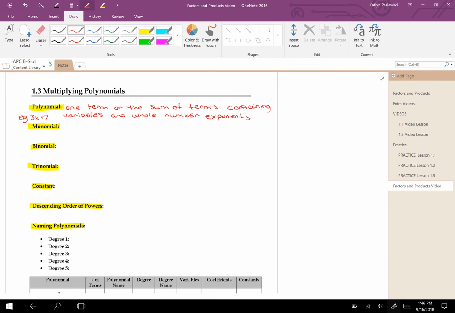So then we have a monomial. So this would be a polynomial with one term. Binomial is a polynomial with two terms. A trinomial is a polynomial with three terms.